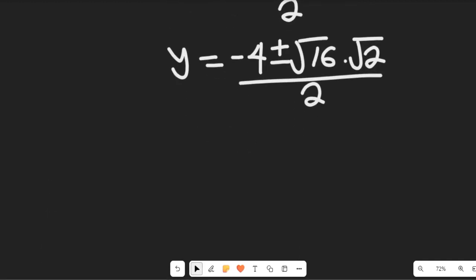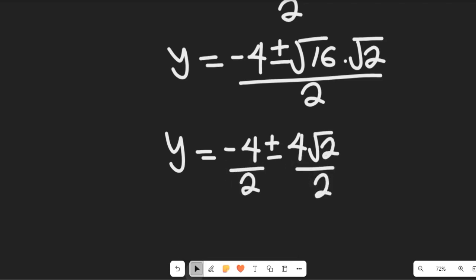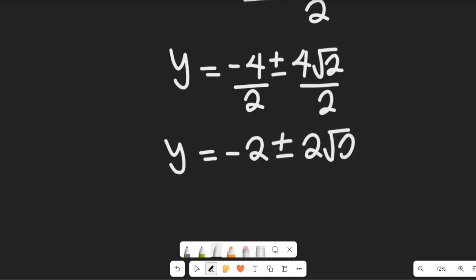So what's the value of our y? The value of y will be equal to negative 4 plus or minus 4 root 2, and this will be divided by 2. So the value of y will be equal to negative 2 plus or minus 2 root 2.